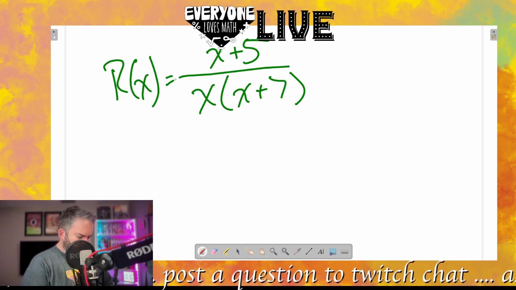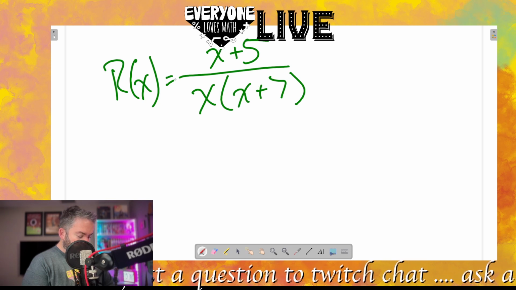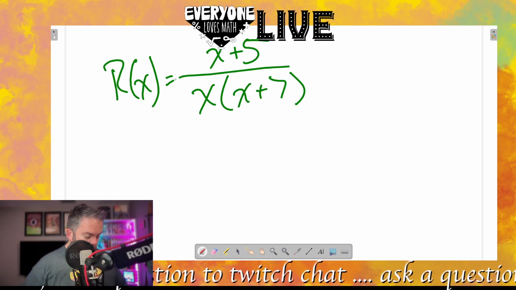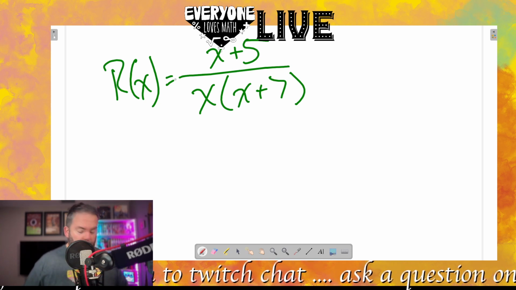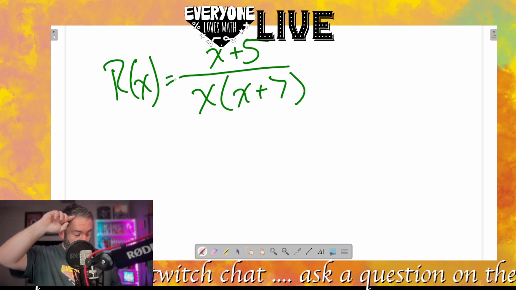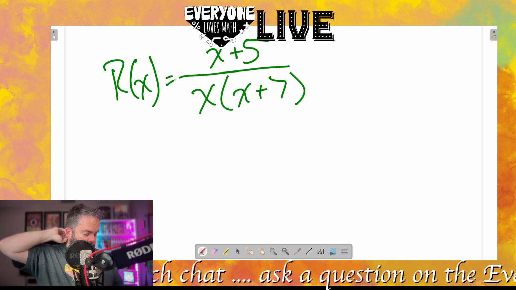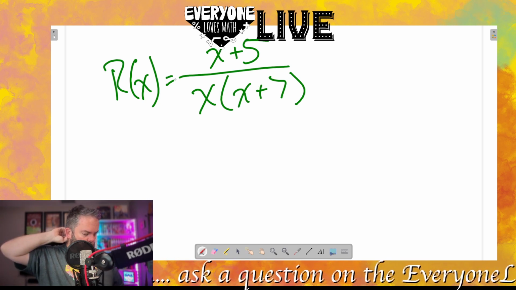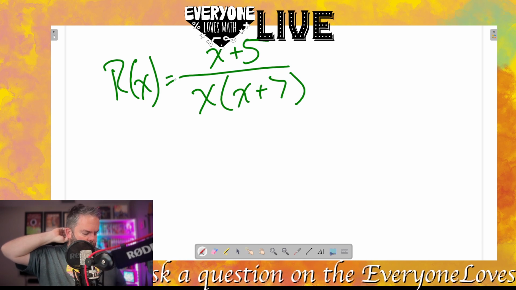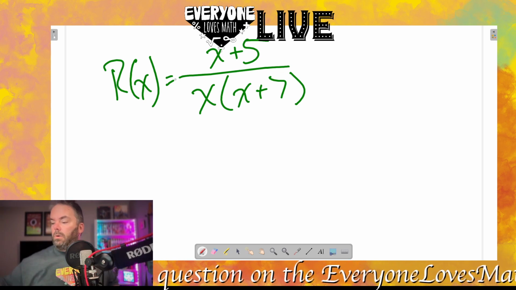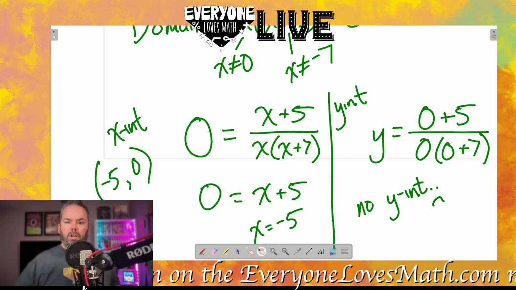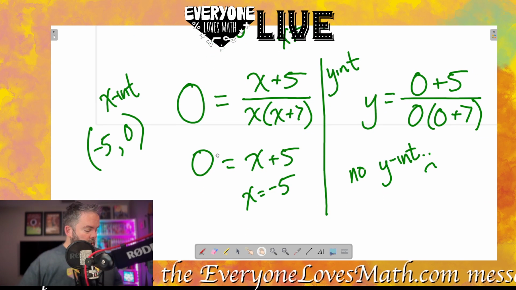Okay. So determine the behavior of the graph of R at any x-intercepts. Select the correct thing. Weird. Okay, so what's going to happen? What a weird question. All right, so we know the x-intercept is -5.